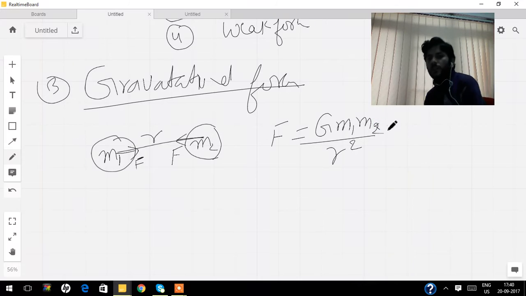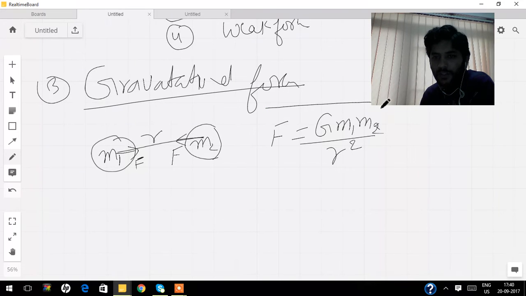This formula was first given by Newton, and this force is majorly attractive in nature.